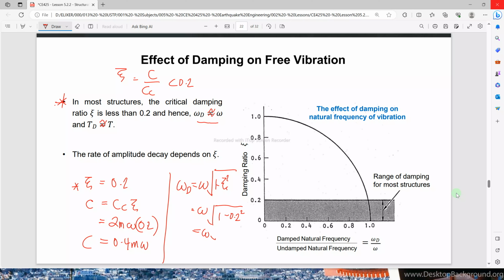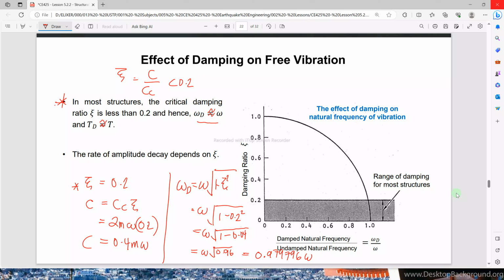Our 0.2 squared is equal to 0.04, so that is the square root of 0.96, or the square root of 96, which is 0.9797996 omega.